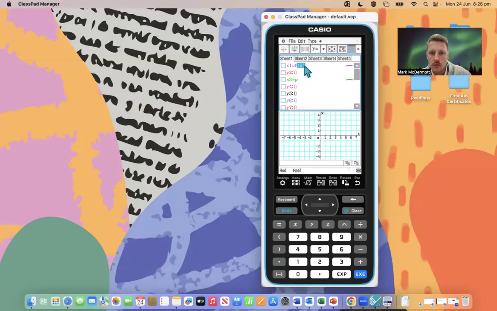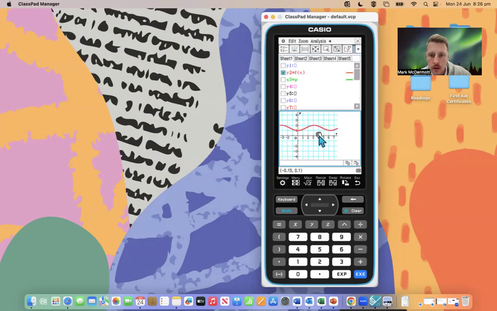Let's put it in this one. Then again, I need to tell it what I want it to do, otherwise it doesn't know. Okay. Less than 1.1. So now if I put a line at 1.1, graph that.